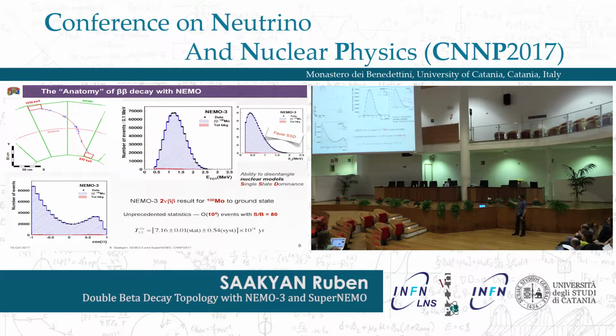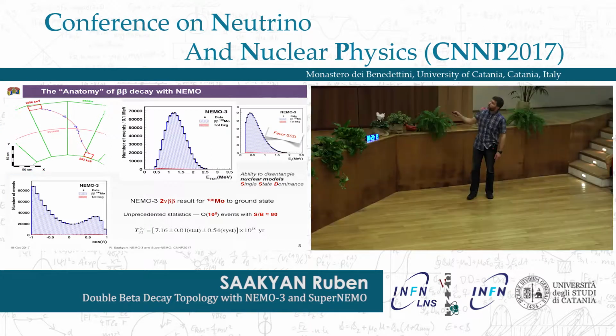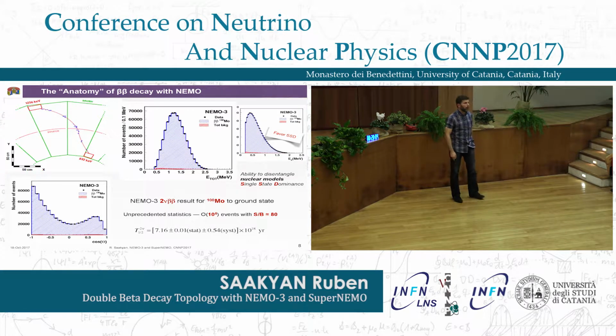And of course, the important thing is that you can also detect the single electron energy distribution and the opening angle between them. And for example, by studying this, we've concluded that the so-called single-state dominance model is the one responsible for the molybdenum transition to the neutrino decay, to neutrino transition.